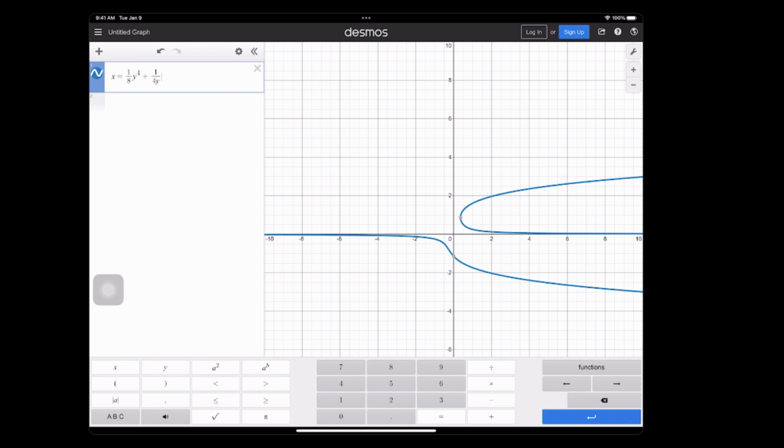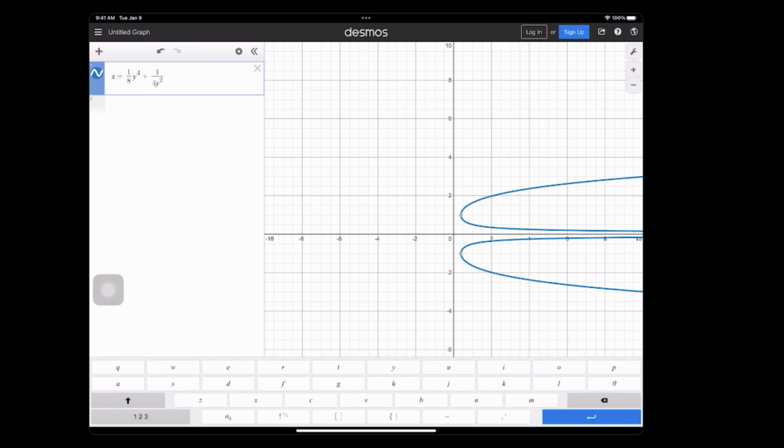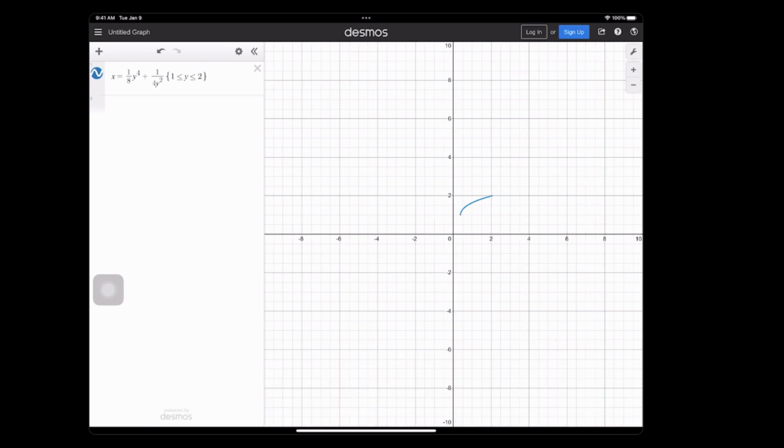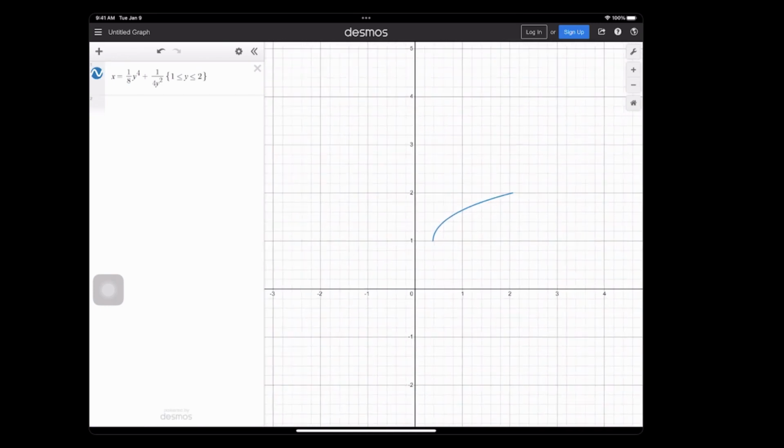Oh, no, 1 over 4y squared. There we go. But we're going to have to restrict the domain. So y goes from 1 to 2. So let's restrict that domain here: 1 less than or equal to y less than or equal to 2. As you guys can see, that's kind of what they're talking about.